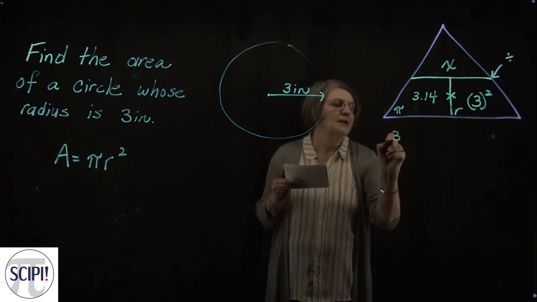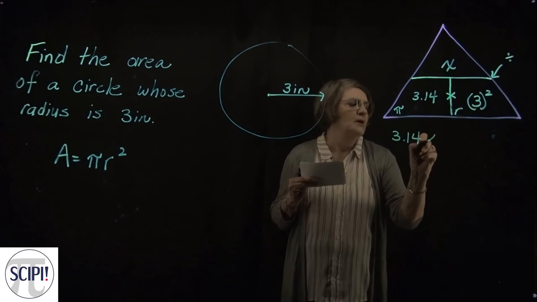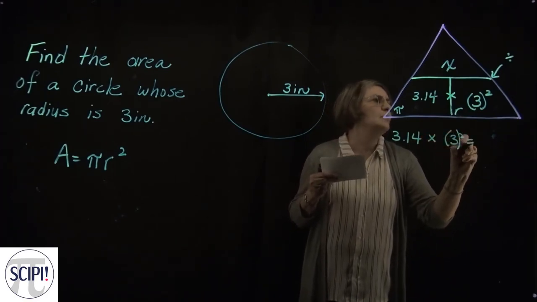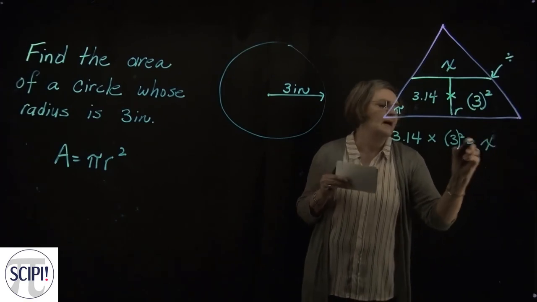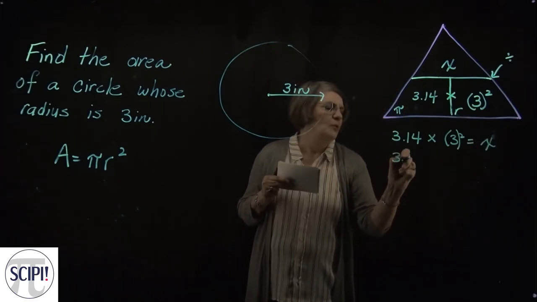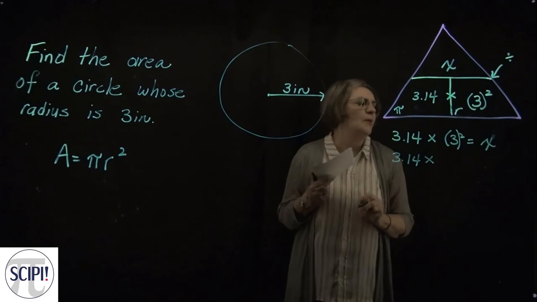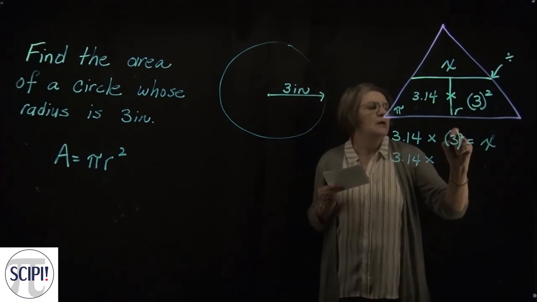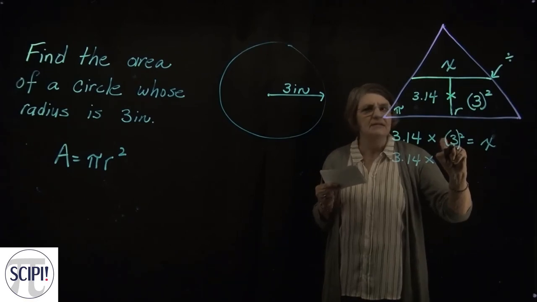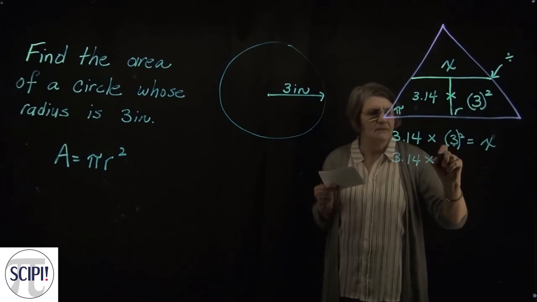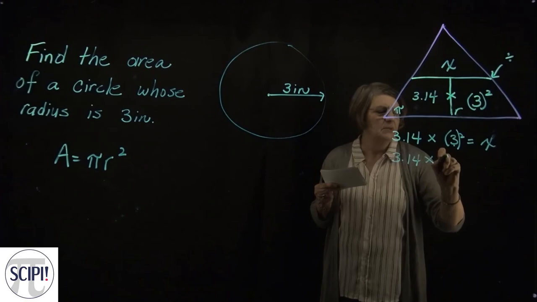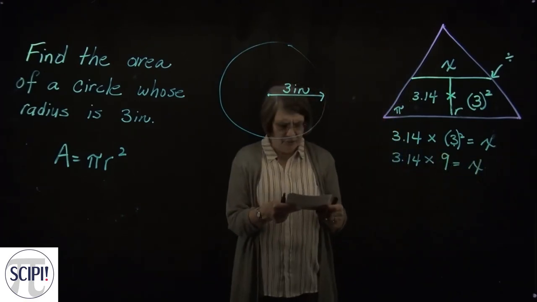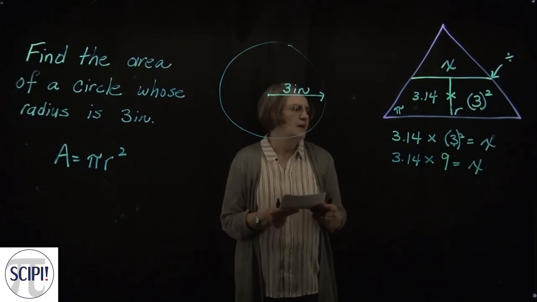So I'm going to write down 3.14 times 3 squared is going to give me the area. So 3.14, what is 3 squared? Who can tell me? No, it's not 6. No. This means multiply 3 times 3. Try again. Very good, Melinda. Okay, good job.